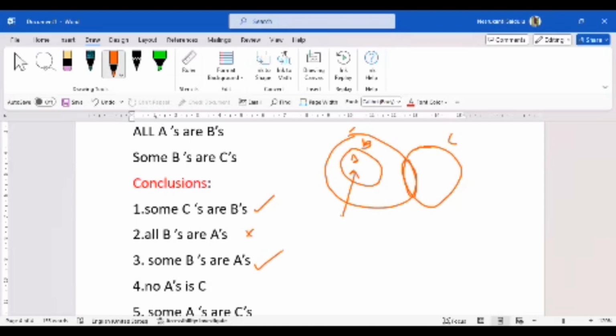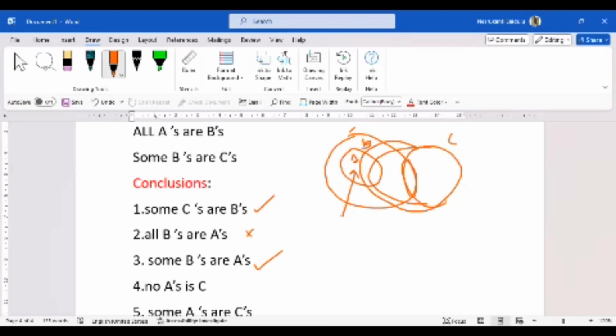Next, fourth one. No A is C. In the given statement, there is no relation between the A and C. So there is a possibility, because the intersection between the B and A like this is also a possibility.